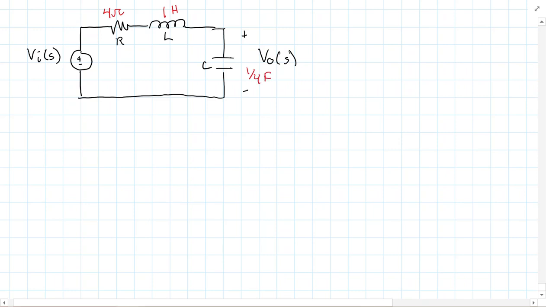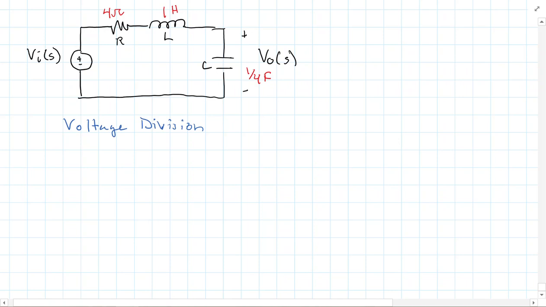The reason I'm choosing these numbers is just to make it work out nicely. We don't have to use such pretty numbers; in fact, we'll look at an example where the numbers aren't as pretty. If I want to know what V out over V in is, hopefully we can see really quickly that all we're going to need to do is voltage division.